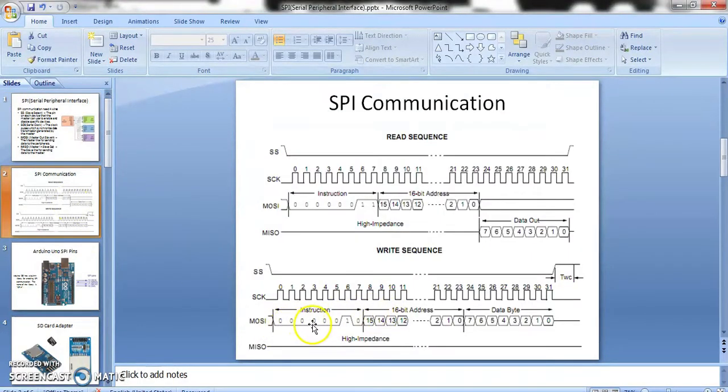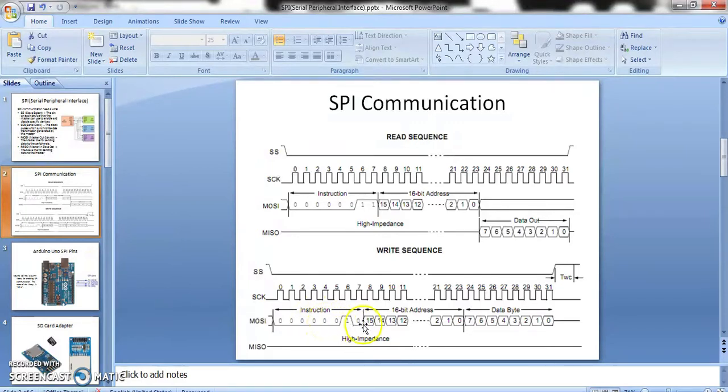Again, the master will send some instruction byte. Through this byte, the slave will understand what the master wants to do with it. This last bit is 0. So 0 means write. Through this, the slave will understand that the master wants to write some data to the slave.